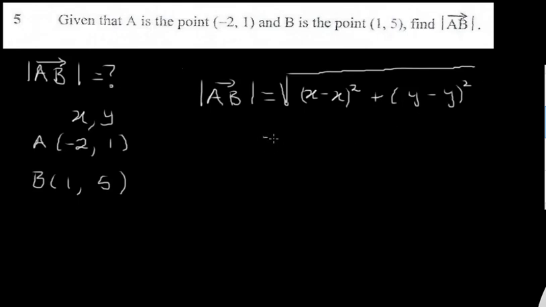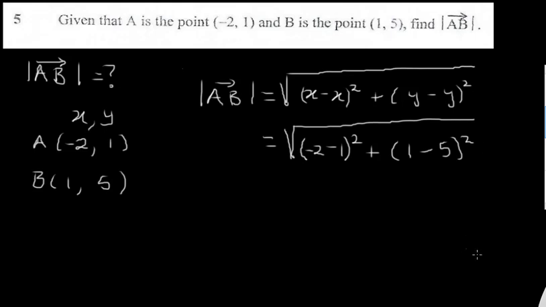Okay, so let's do that. We'd have root of, what are our x values? Everything under the x is x, everything under the y is y. So for x we'd have negative 2 minus 1, squared, plus, for our y values we've got 1 minus 5, squared, right?